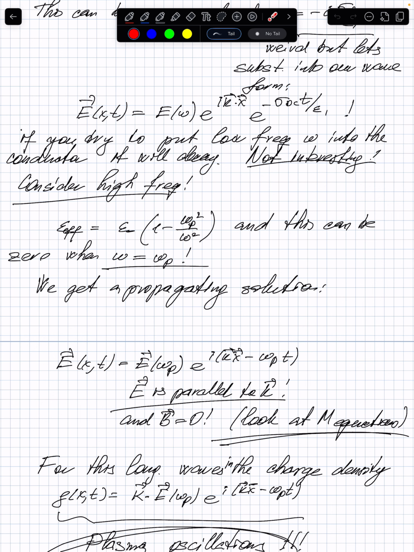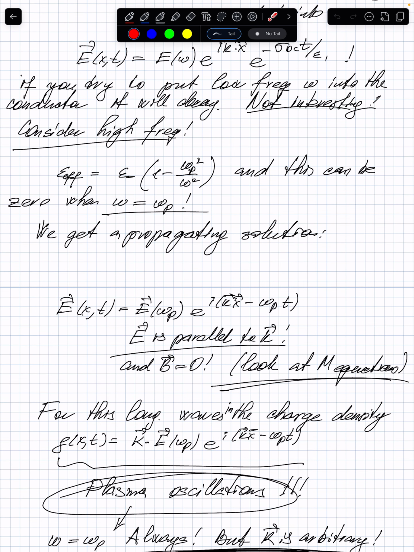Then you can consider what happens to the magnetic field using the macroscopic Maxwell equations, and you will see that the magnetic field in this case will be exactly zero. It's just because B is proportional to k cross E, and since k is parallel to E, this is just zero.